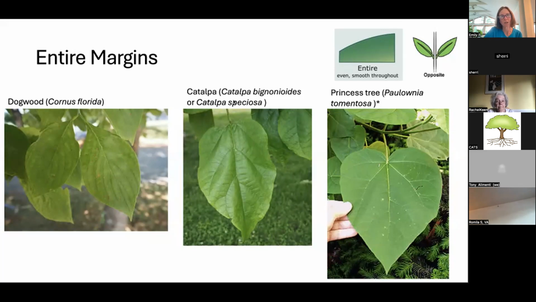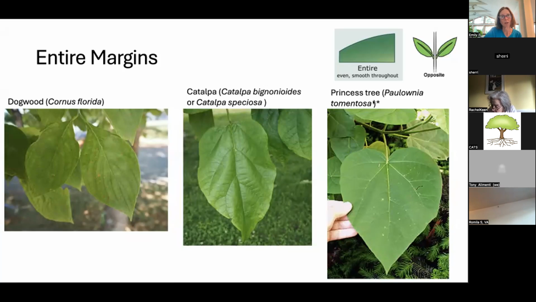So the southern will have capsule hairs that are bunched together at the end, almost like a gentleman who twirls the edge of his mustache. And the Catalpa speciosa, which is the northern catalpa, will have hairs that are spread apart on either side of the capsule. The other one on here that is entire and opposite is going to be the princess tree.